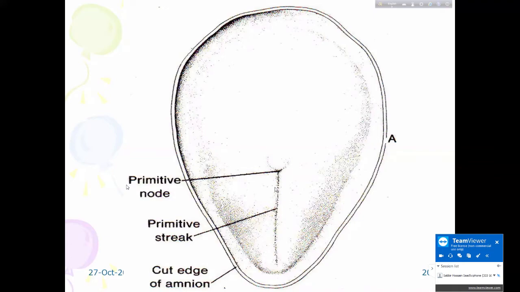Look here, we are seeing from the dorsal aspect, that is the epiblast, and underneath is the hypoblast. And here is our primitive streak. It is a linear groove on the dorsal and caudal aspect of the bilaminar embryonic disc.